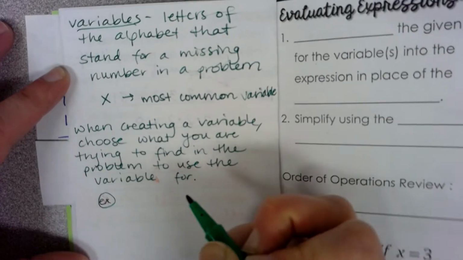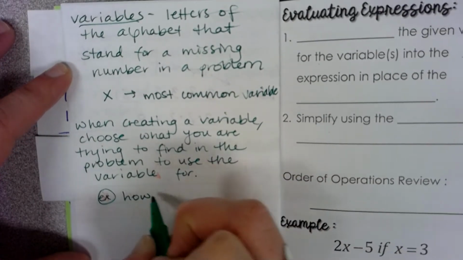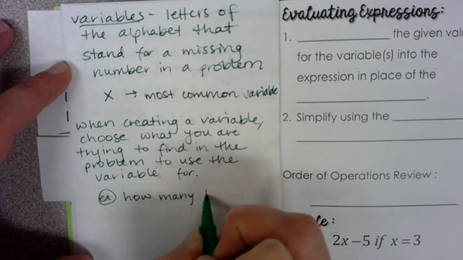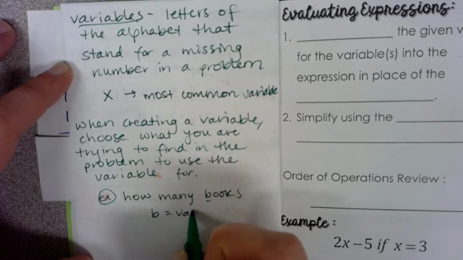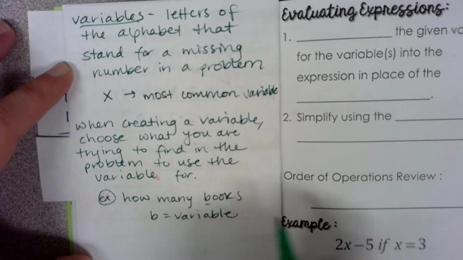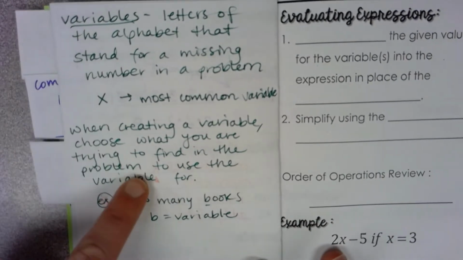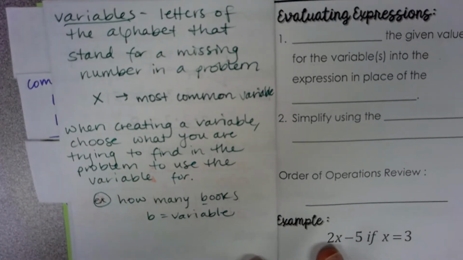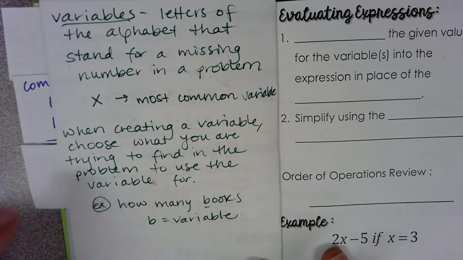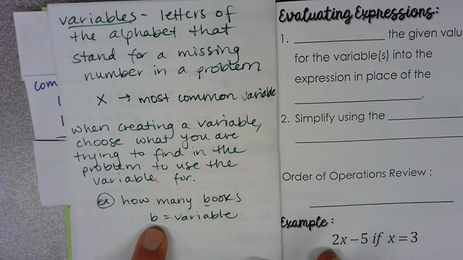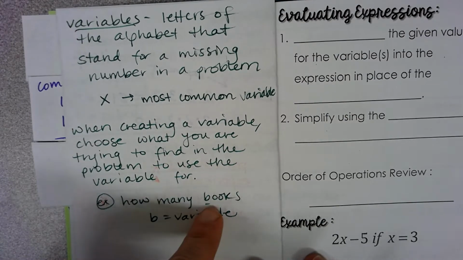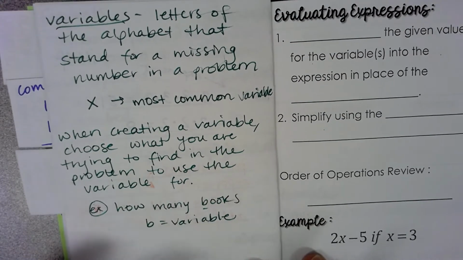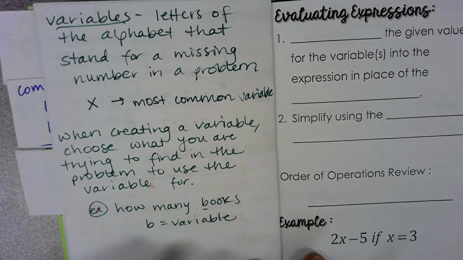Example, if you're trying to find how many books are in a problem, you could use the letter B for your variable. Okay, we're not going to get to this part yet, but just so that you have this in your notes ready to go. A lot of times you'll see X, but sometimes you'll see other letters too, and especially when you're creating it, sometimes you want to make that variable tied to something that you're finding in the problem so that you're understanding what you're looking for.